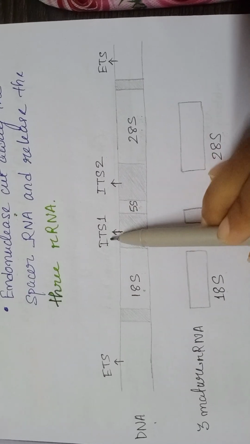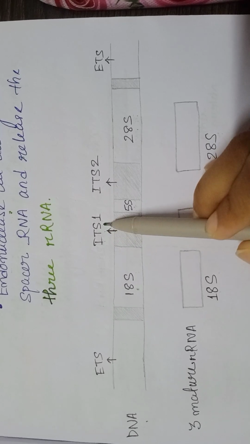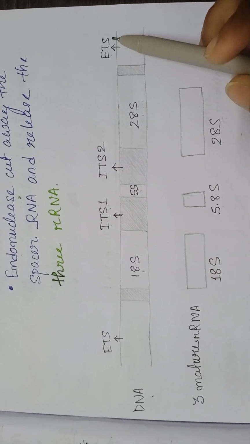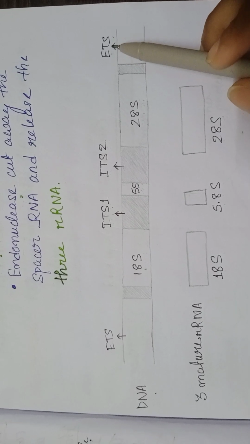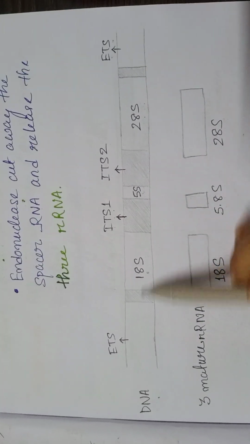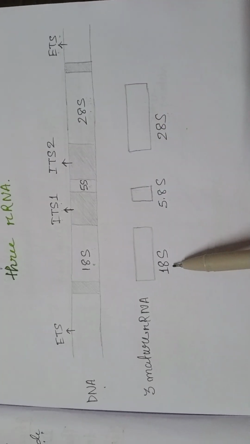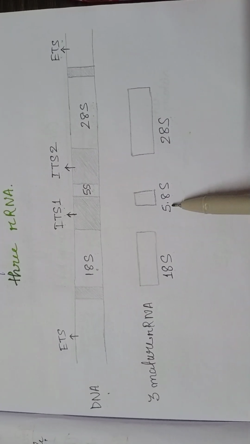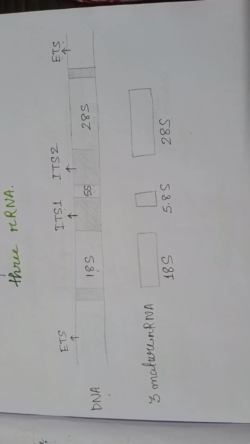ITS stands for internal transcribed spacer. Similarly, ETS stands for external transcribed spacer. The transcription of these genes will result in 3 mature rRNAs: 18S, 5.8S and 28S.